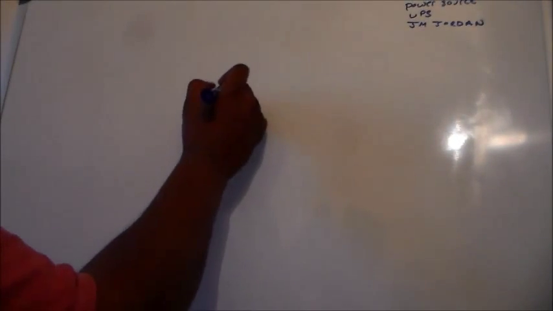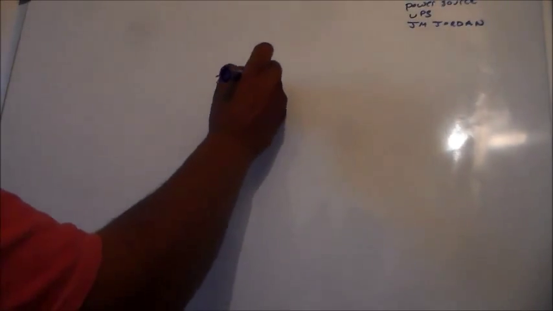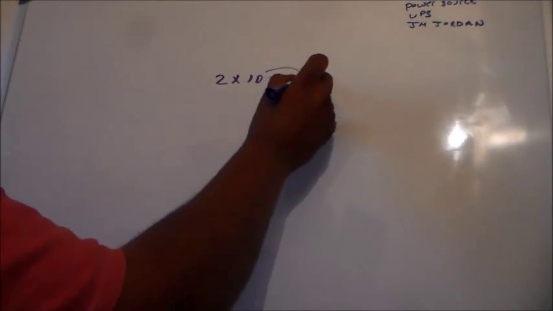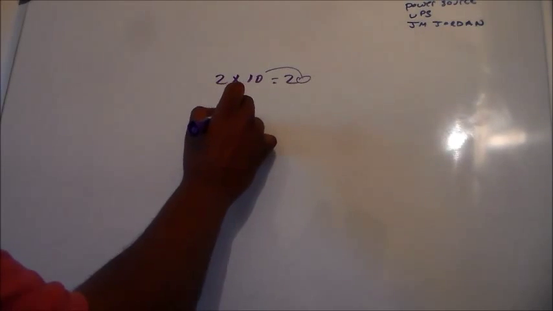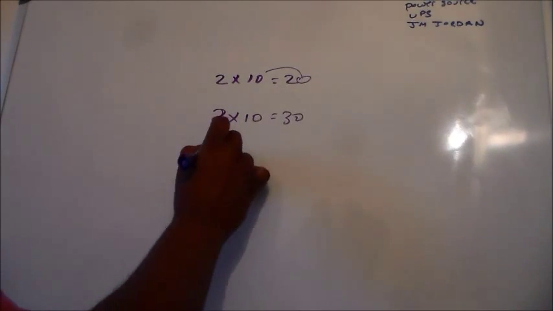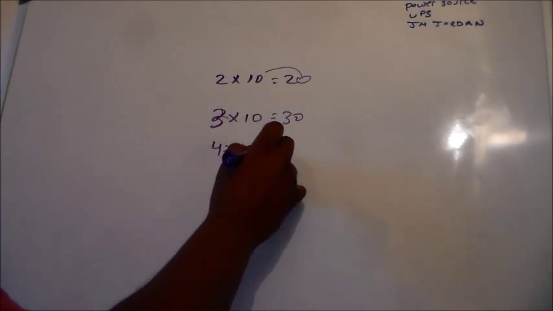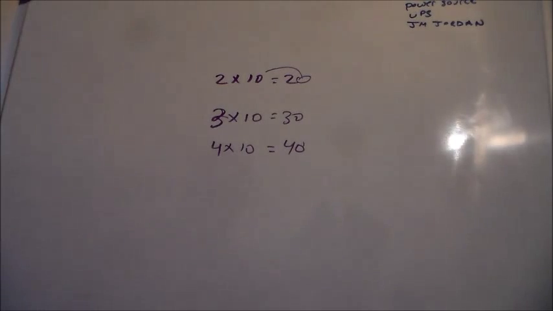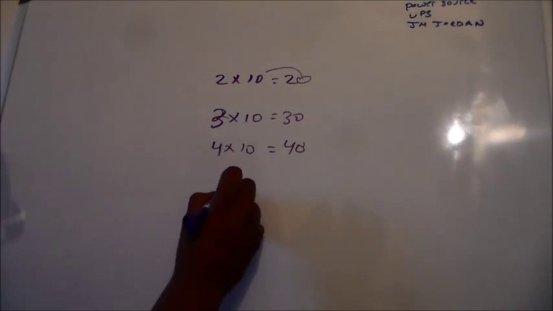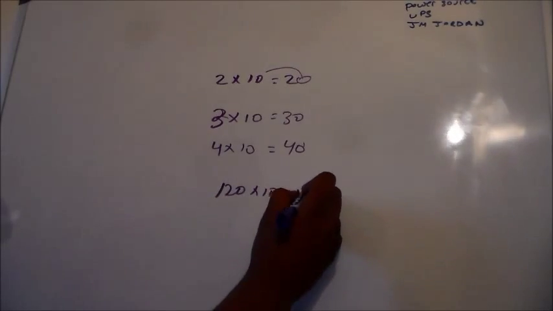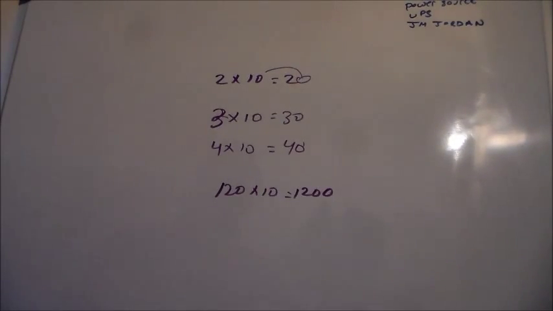Whenever you have a number and it's multiplied by 10, you just take the number and add a 0 to it. 2 times 10 is 20, 3 times 10 is 30, 4 times 10 is 40. Take the digit, add the 0 to it. So let's say I had 120 times 10.